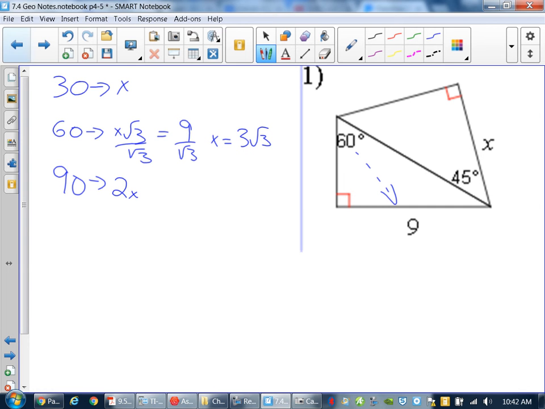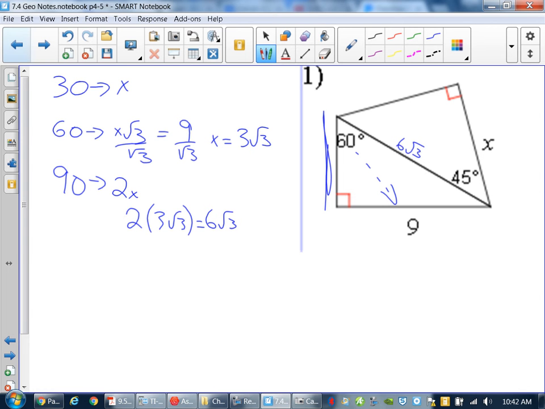You get 3 root 3, right? So that means that across from the 30 would be 3 root 3. But do I need this 30 side length? I need across from the 90. So I take 2 times the 3 root 3, and what do you get? Very good. You get 6 root 3.